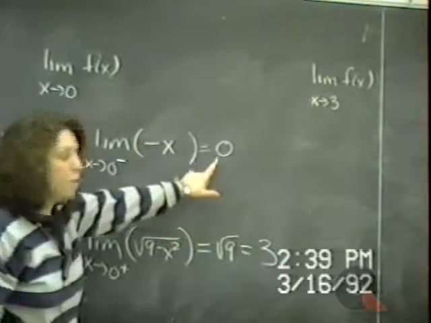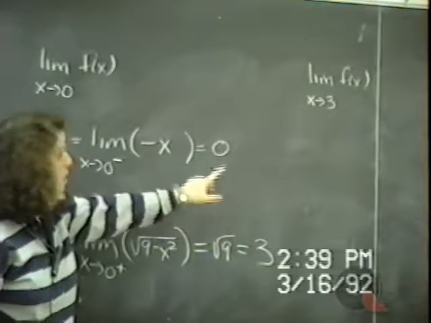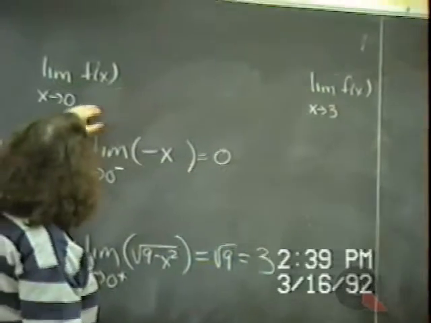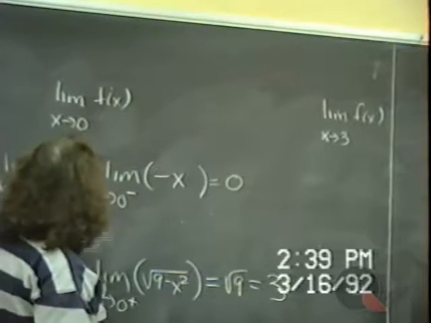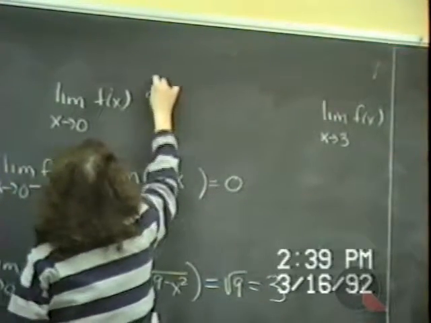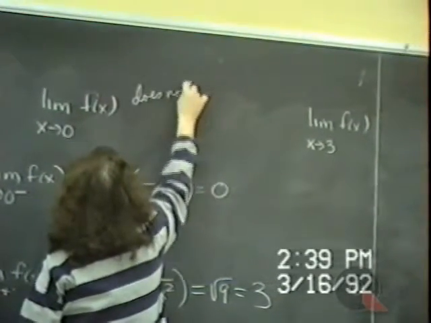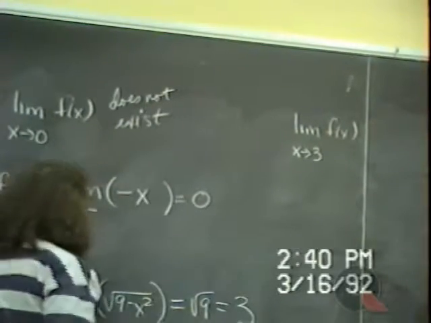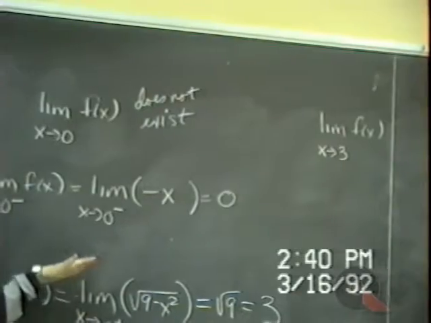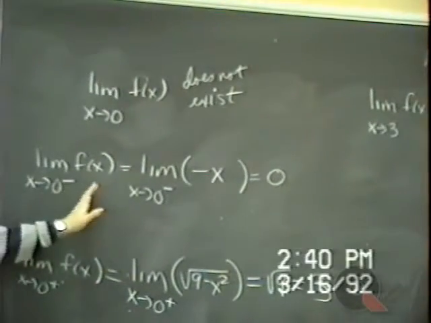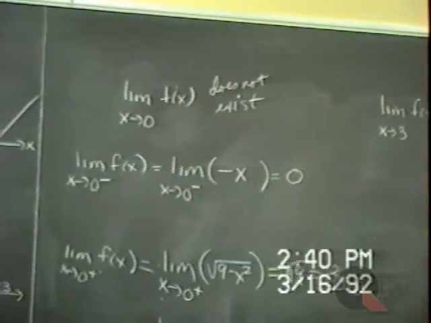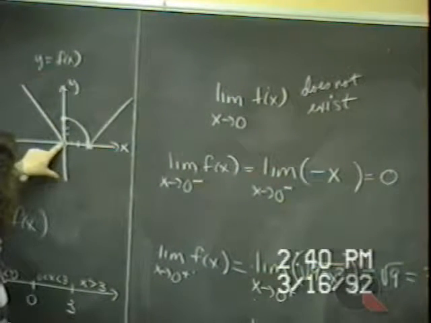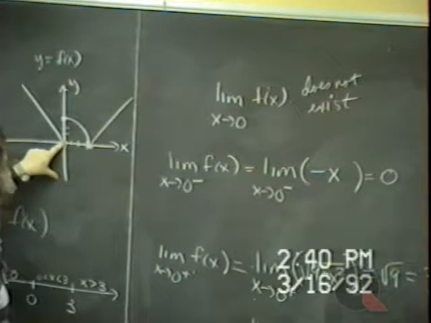Since the limit as you approach 0 from the left does not equal the limit as you approach 0 from the right, the two-sided limit, the limit of f of x as x approaches 0, does not exist. Geometrically, as you approach 0 from the left, the road that you're taking ends at a point whose y value would be 0.